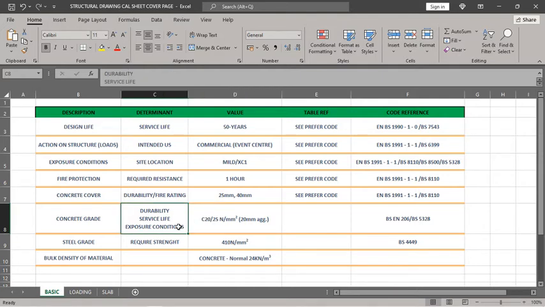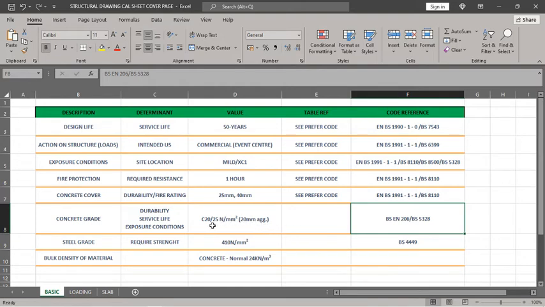So all these things determine what your concrete grade should be. And I have the BS and EN references. There are so many references anyway, but if you can get your hand on these, you are good to go when it comes to your concrete grade.